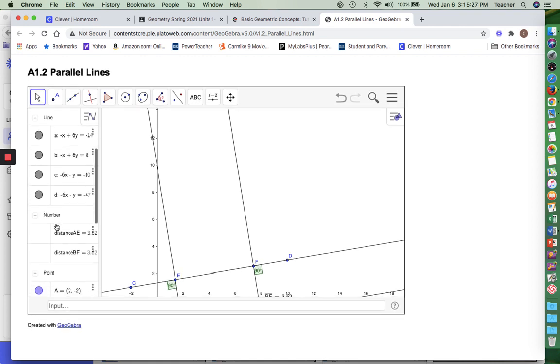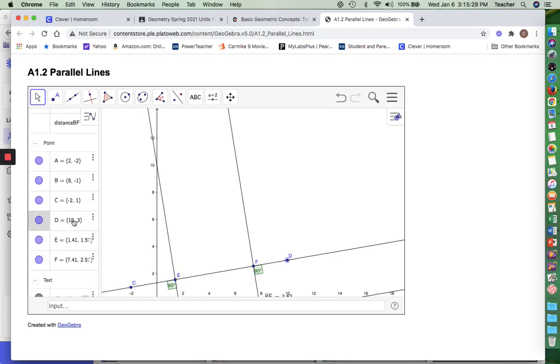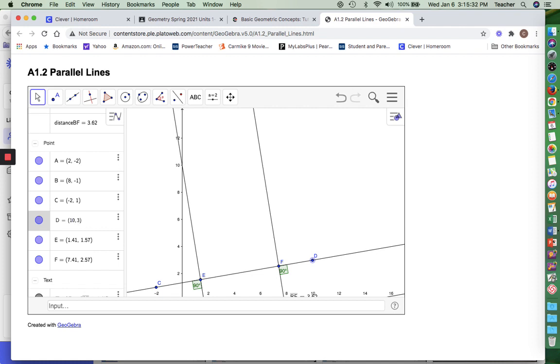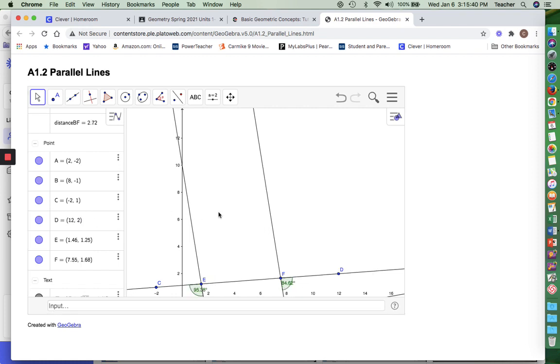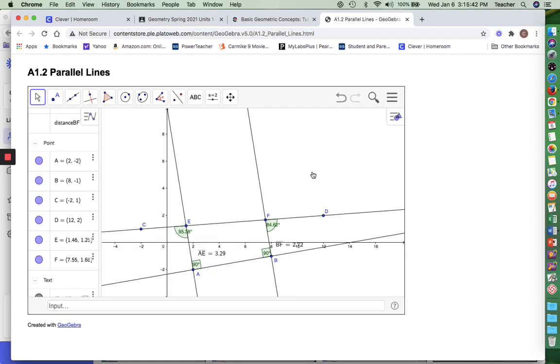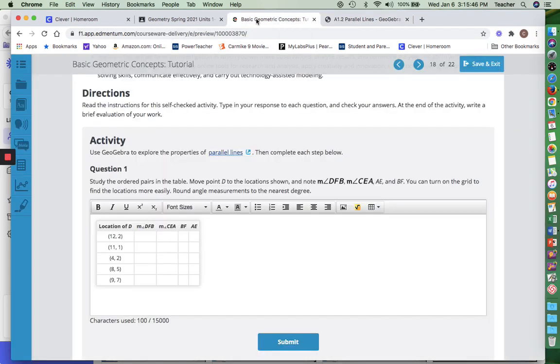Does it give me an ordered pair over here? Yeah, let's see if I can change that. Oh, I can. So I'm going to change it to 12, 2 over here, and hit enter. Okay, so it changed to 12, 2.